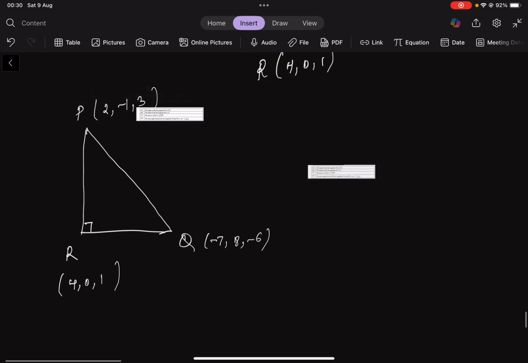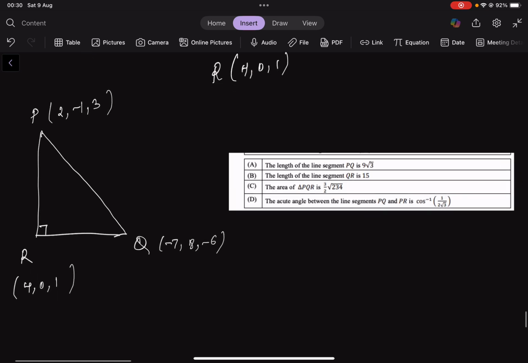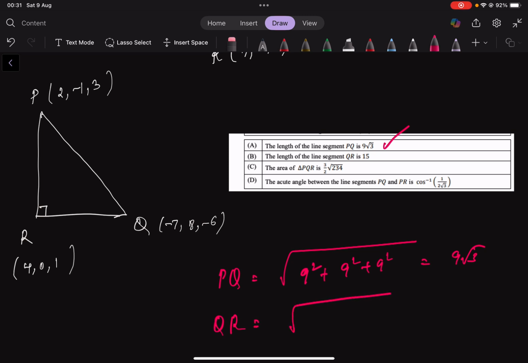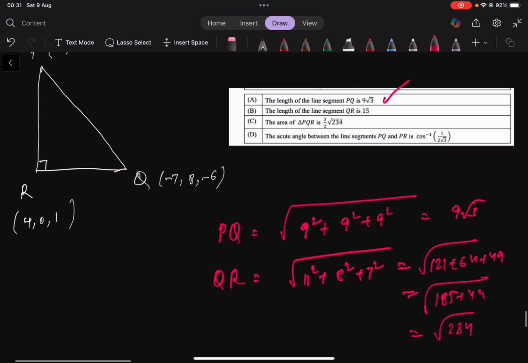So if we consider the options, PQ is square root of 9 square plus 9 square plus 9 square, which is 9 root 3. So option 1 is correct. Now QR is square root of 11 square plus 8 square plus 7 square, which is square root of 121 plus 64 plus 49, which is square root of 234.